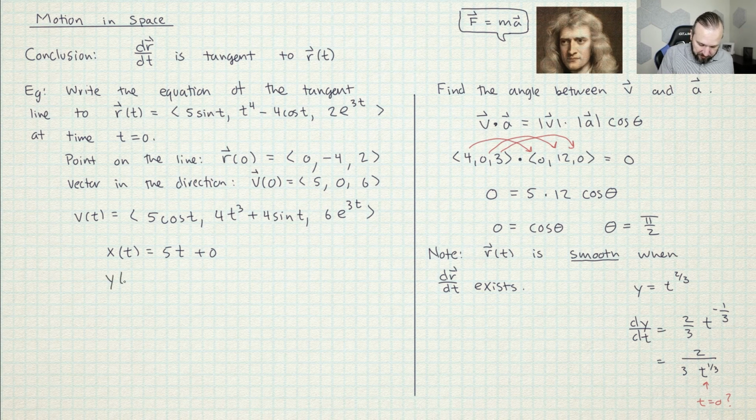Now, y of t is going to be 0t minus 4, and z of t is going to be 6t plus 2. Okay, fantastic. So these are some good examples of motion in space problems.